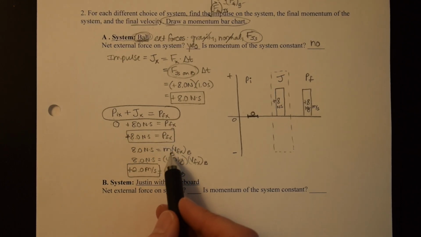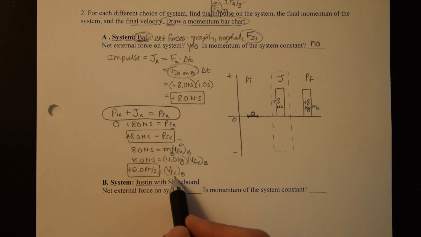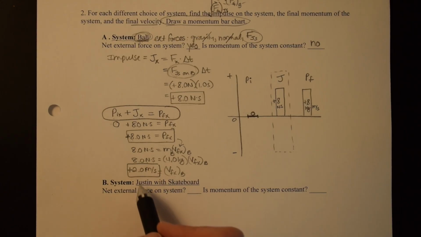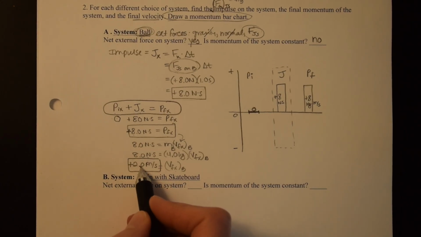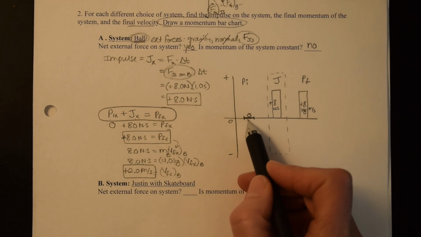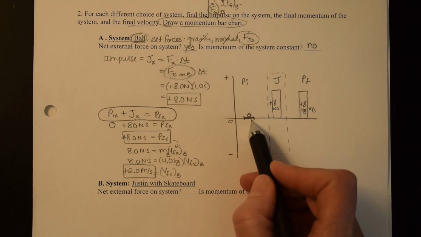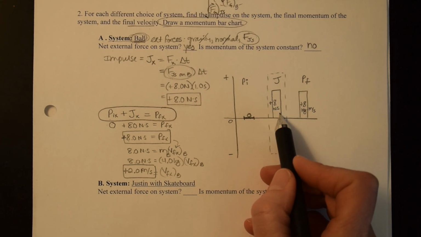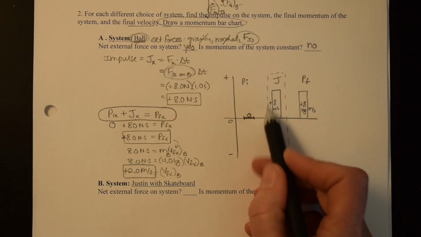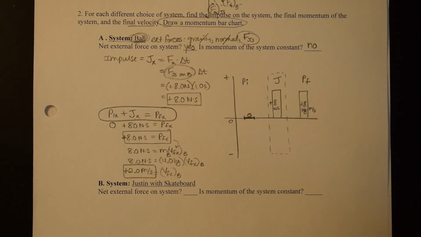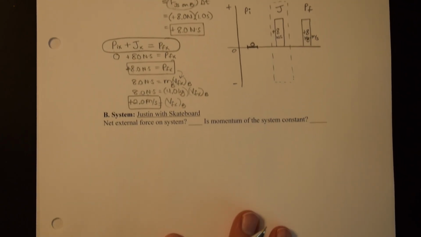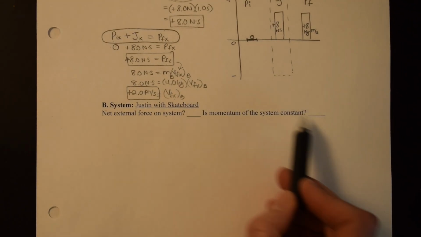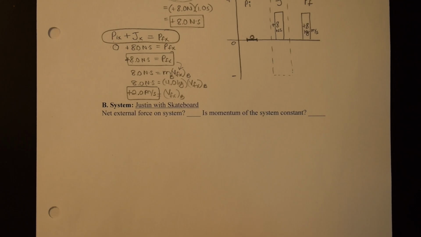Then we used the definition of momentum, mass times velocity, to find the final velocity of the ball, which was +2 meters per second. Our momentum bar chart shows the ball started with an initial momentum of 0. It experienced an impulse of +8 newton seconds, which changed its momentum by that amount, and the final momentum was +8 kilogram meters per second. So now pause the video, complete part B on your own, and when you've finished, come back.